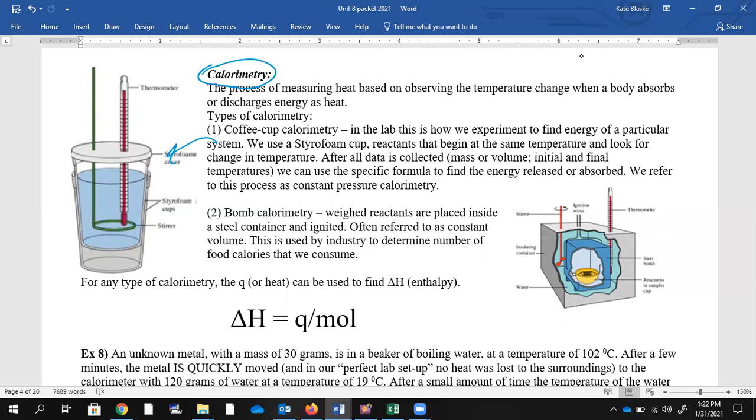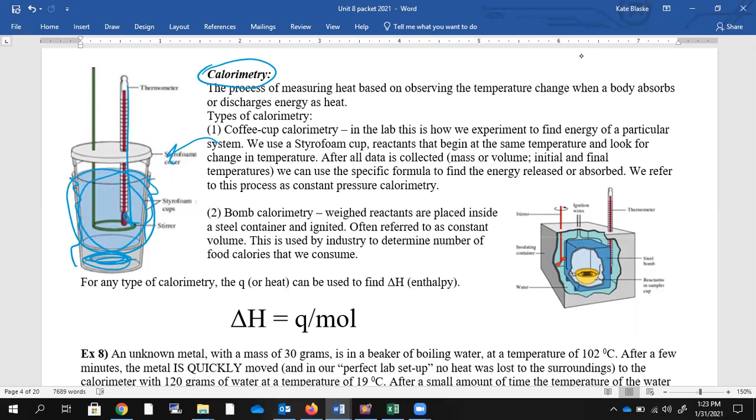Styrofoam is a fantastic insulator. And so if you put two styrofoam coffee cups nested inside of each other, the air down in here between the two and then this double-walled styrofoam on either side is a pretty good insulator. It's not going to let much heat escape from the experiment. So if we have our thermometer down in here, we have a sample of water, which we know its mass.